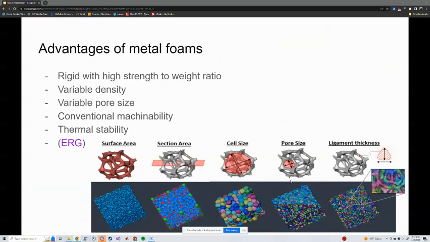So next up, we look at the advantages of metal foams. Some advantages include that they are very rigid and have a high strength to weight ratio. This provides good mechanical properties for things that require rigidity. Their density can be varied based on the pore size.